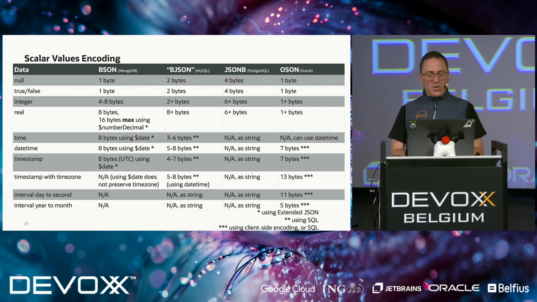At the time, Postgres stores most of the data using strings, whereas the other binary formats have a specific byte representation. Some of them are a bit bigger, some of them are a bit smaller. So depending again on the volume of data that you have to deal with, you will have to make a choice whether you go with one particular vendor or the other.